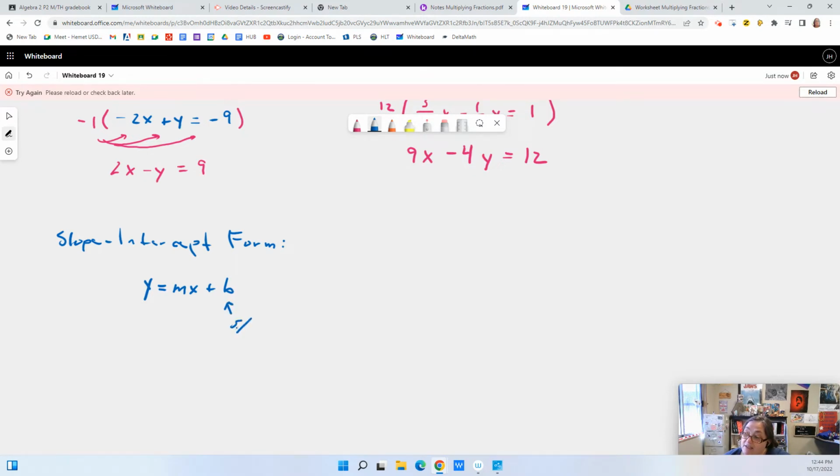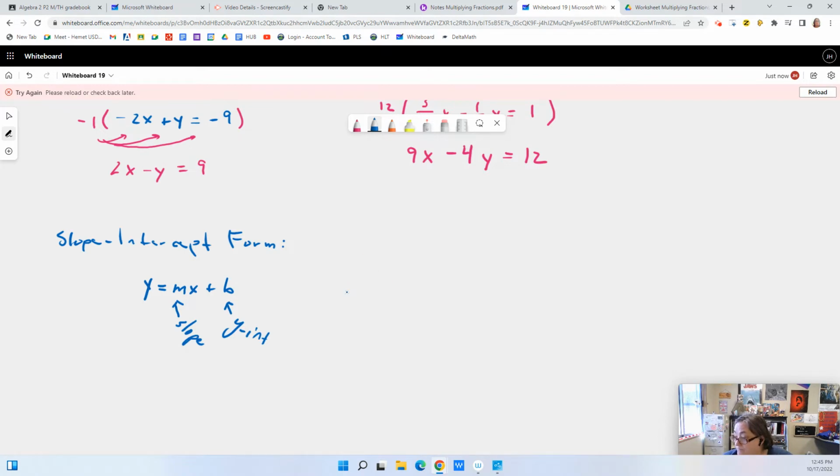This b is our y intercept, not slope. It's our point on the y-axis. And then from that point, we can use our slope to find our next point, right? And that's why I find it to be the most useful of all of our equations.